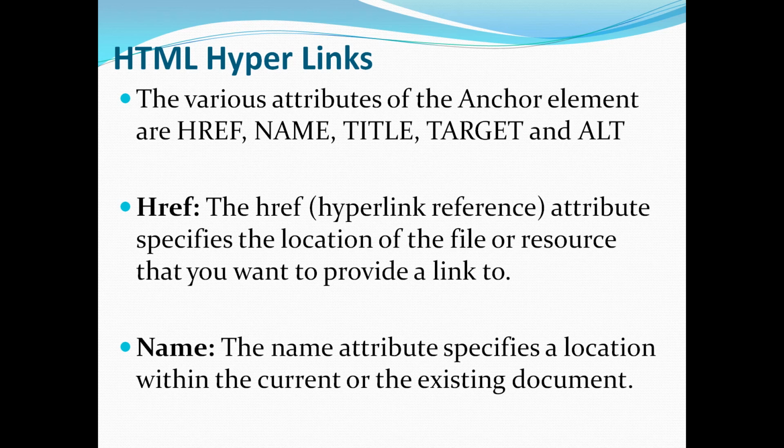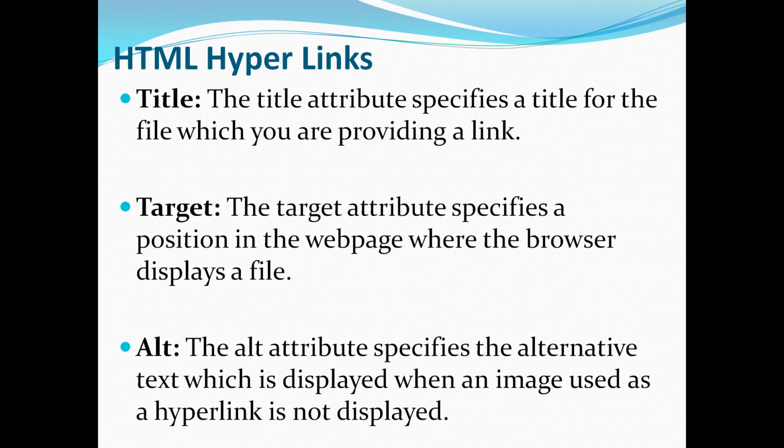The next one is the title attribute. The title attribute specifies the title for the file we are providing a link to. For whichever document you are providing a link, the title should be mentioned in the title attribute.